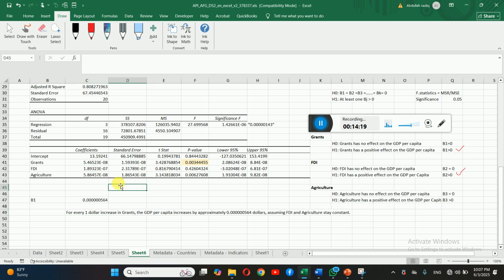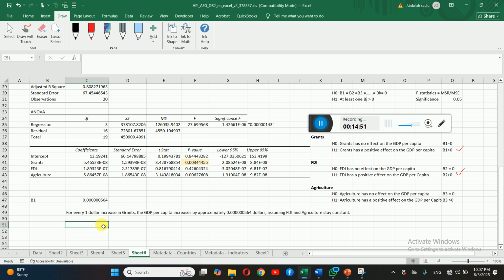So here you can say a unit increase in FDI is leading to 0.000018932 dollar increase in the GDP, but this increase is insignificant. It means there is no meaning under the 0.05 significance level. We are not accepting this result, or you can say there is no significant relationship. Only these two variables have significant impact on the GDP per capita response.